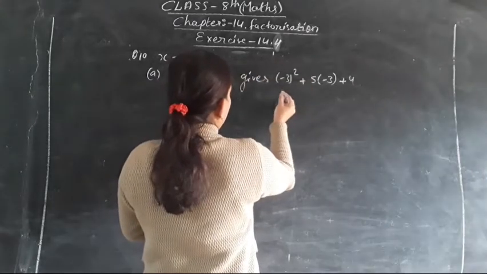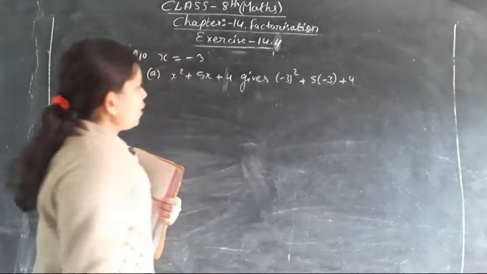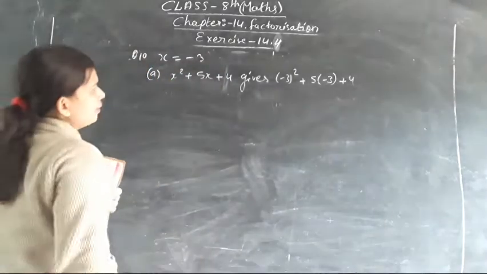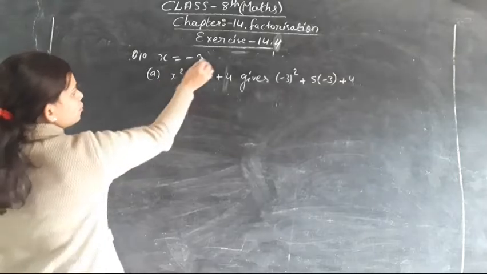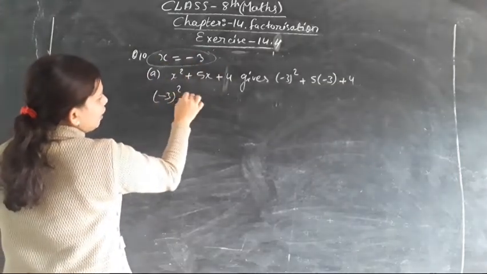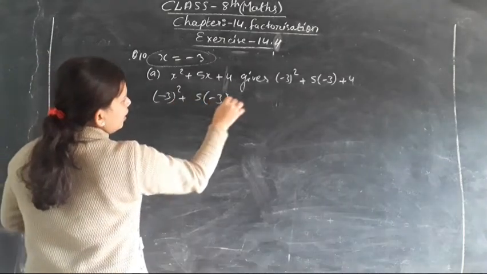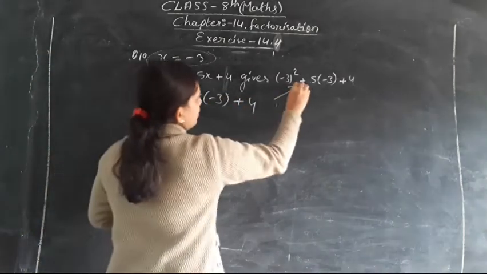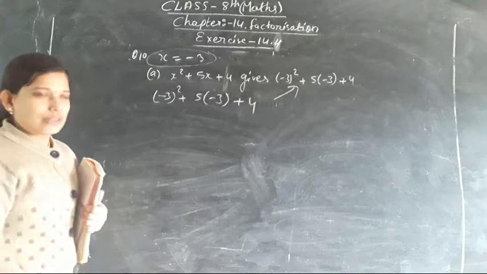So x square plus 5x plus 4 we are having, isn't it? If we substitute x equals minus 3, it will become minus 3 square plus 5 into minus 3 plus 4, which is the same as this equation, isn't it? We are going to solve it.